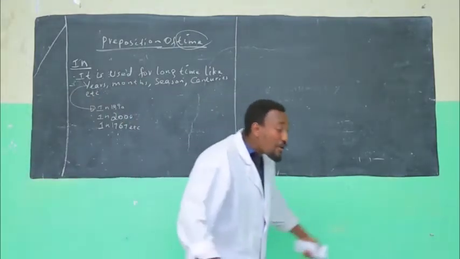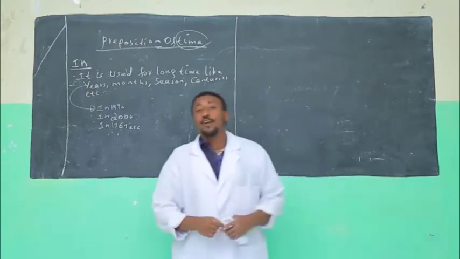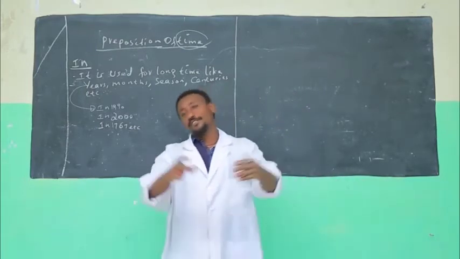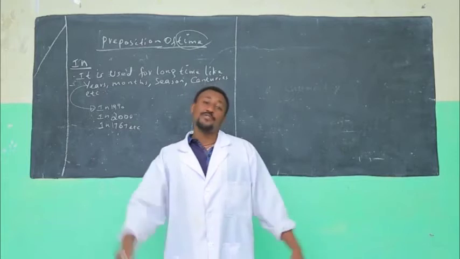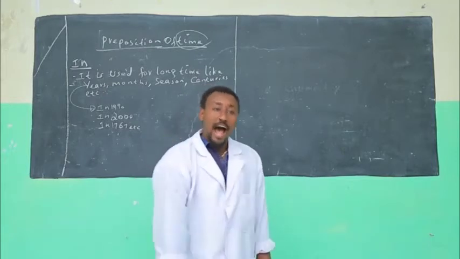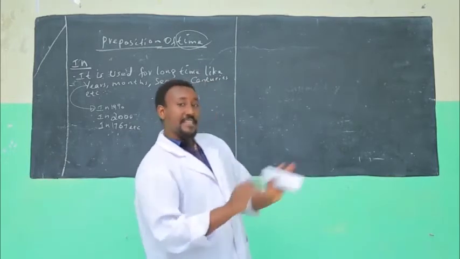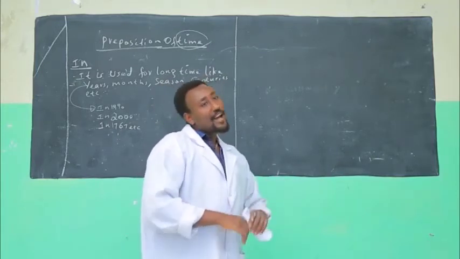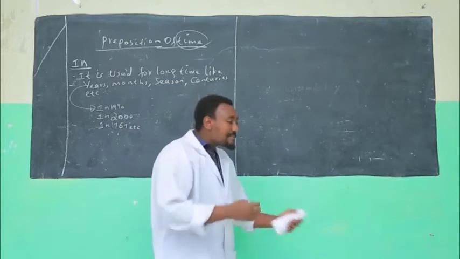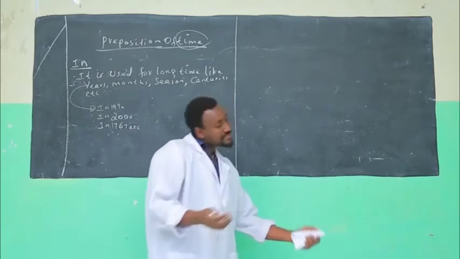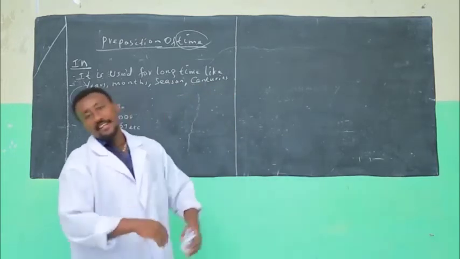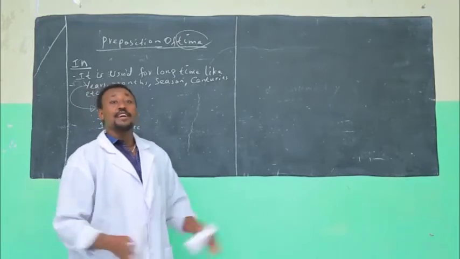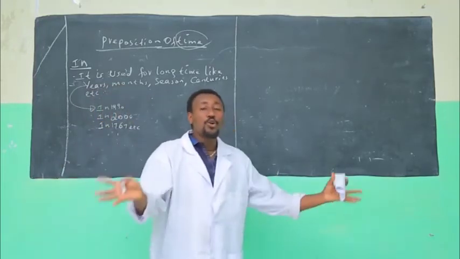Because these years are long years. So for years we are not using "at". "At" is used for very specific, very narrow, exact time, like at 2 o'clock, at Christmas Day, at Christmas, at Easter, etc. But "in" is used for long years.